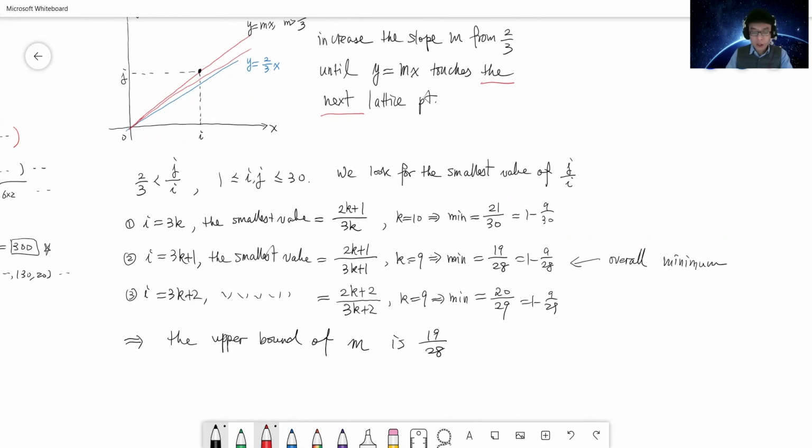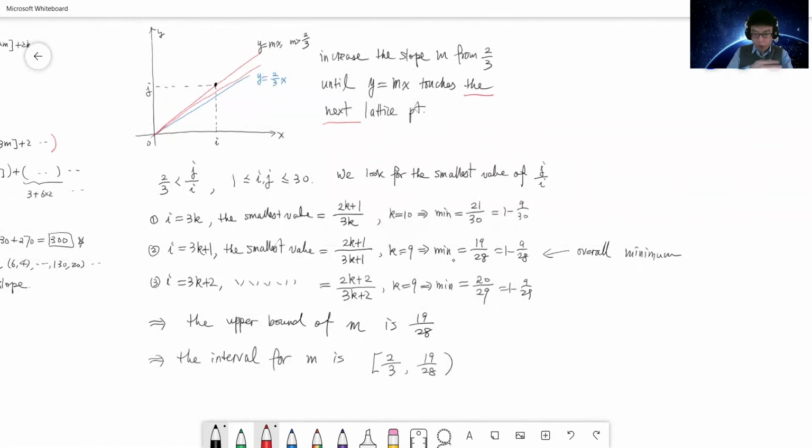So that means the interval for the slope is from 2 over 3, which is included, to 19 over 28, which is not included. The left end is closed and the right end is open. This is the interval we look for. Now we find the length of the interval.